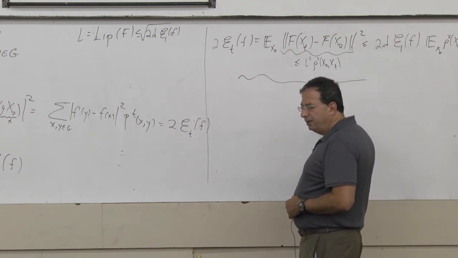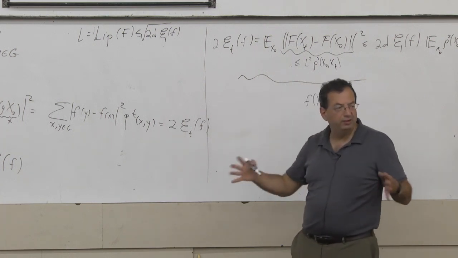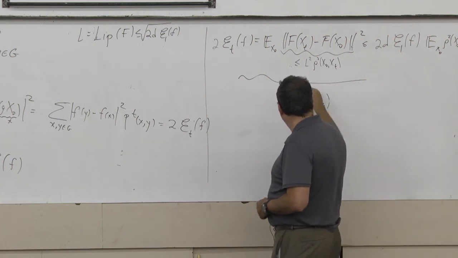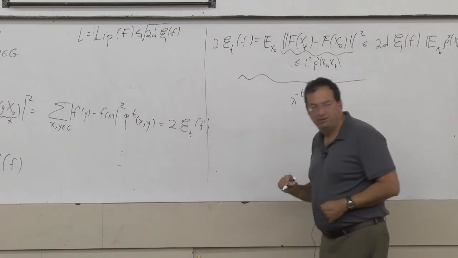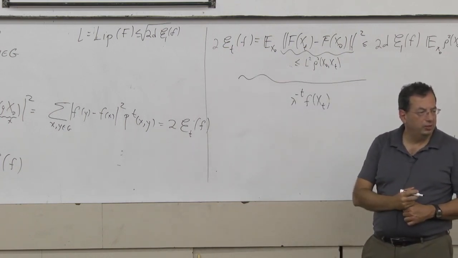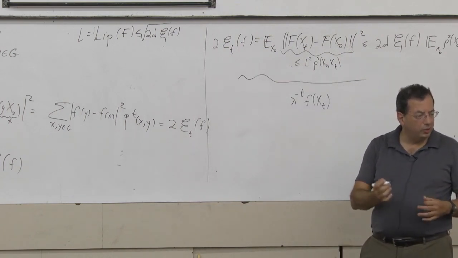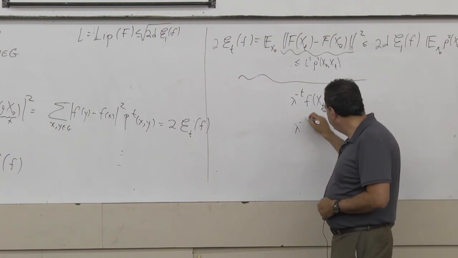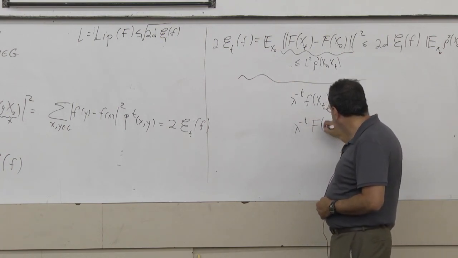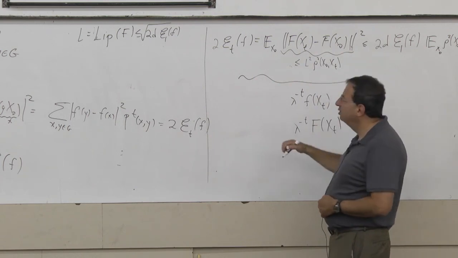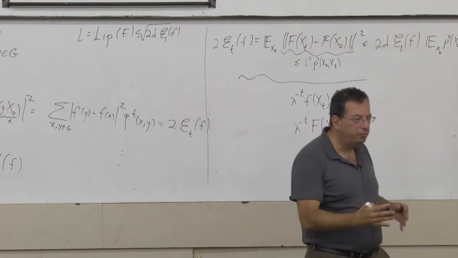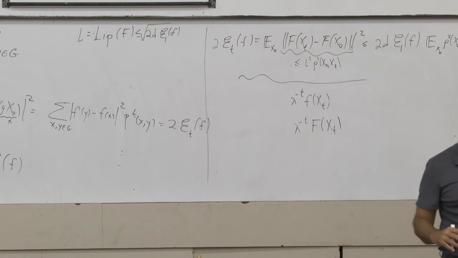But the expected value goes down by a factor lambda in every step. So if we divide by lambda to the minus t, this is a martingale. This is a real valued martingale, so it's not good enough. But if you work with lambda to the minus t times capital F of xt, where F is that embedding we used here, then we get a Hilbert space valued martingale, which works fine for the finite case.